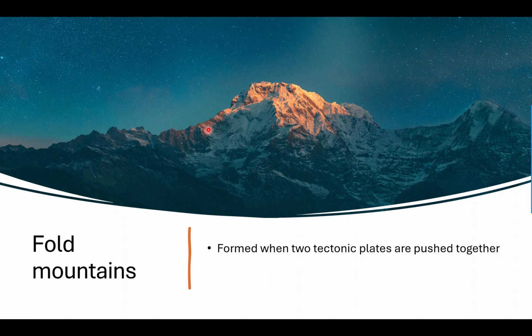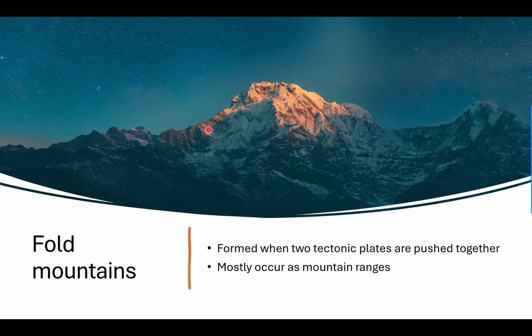So fold mountains are generally formed when two tectonic plates are pushed against each other, and the landmass rises up as folds, right? And these generally result in the formation of mountain ranges, not just a single mountain or a bunch of mountains, because it's a huge landmass at the contact where two tectonic plates push against each other.